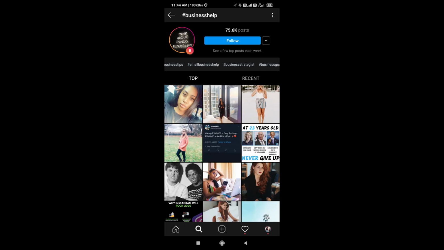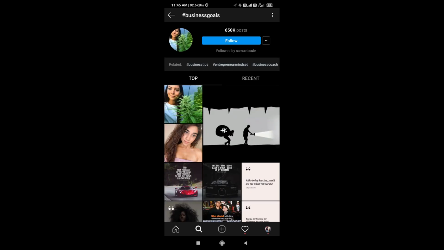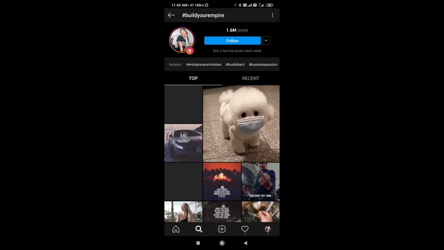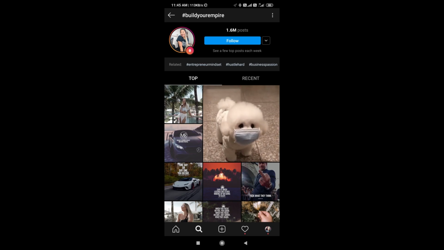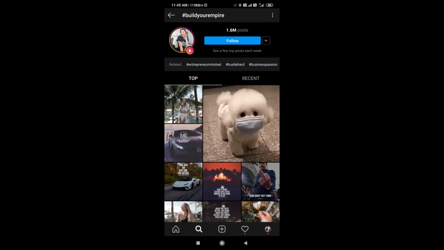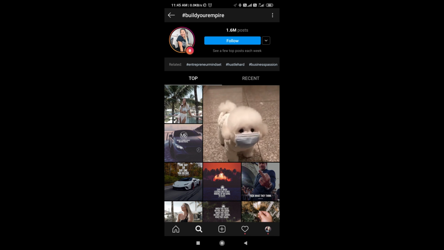Business goals in the second category, 650k. Then let me find something. Build your own empire. Yes, 1.6 million. So like that you can keep going and research, and just divide it into three categories and write all of that.